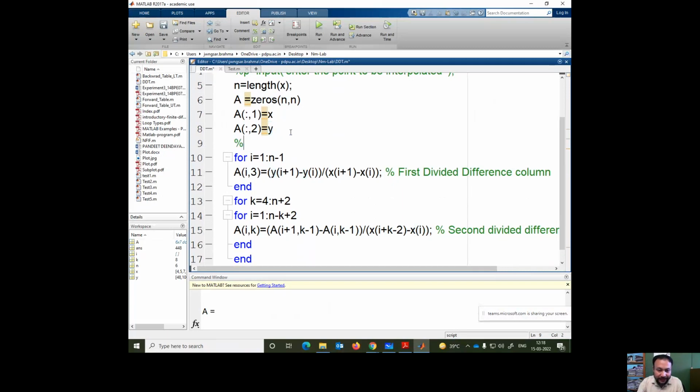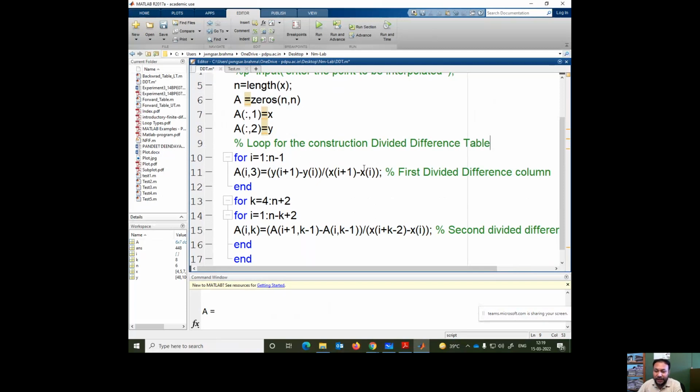I can write here a comment: loop for the construction of divided difference table. This was the loop we have constructed here.